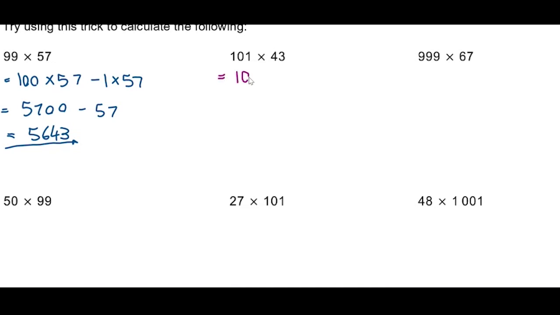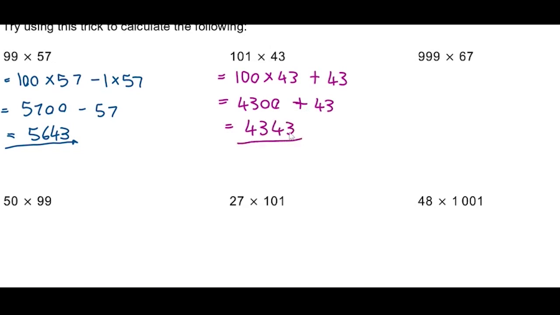This is going to be 100 lots of 43 plus 1 extra lot of 43. So what we're going to get is 4,300 plus 43. All right, and that simplifies quite nicely to 4343. Let's do 999 times 67.